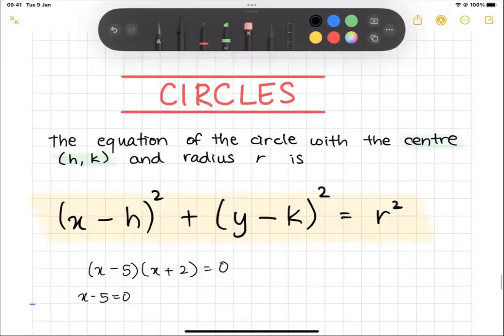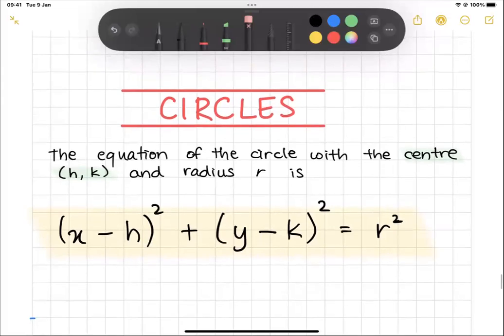How do I get 5 to the other side? I have to add 5. This will be crossed out, and x will equal 5. So we just do the opposite of what it says in the coordinates for the equation. Hopefully that makes sense. If not, go back to your notes on algebraic techniques and ask me any questions there.